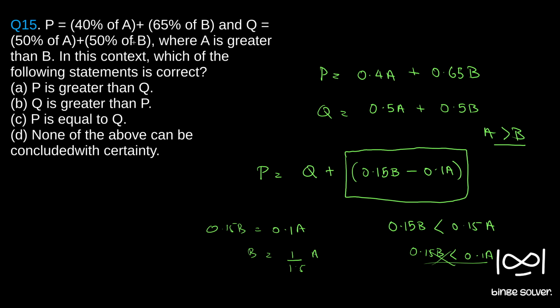So here we cannot conclude. None of the above can be concluded with certainty is the answer. So D is the option. Question 15, D is the answer.